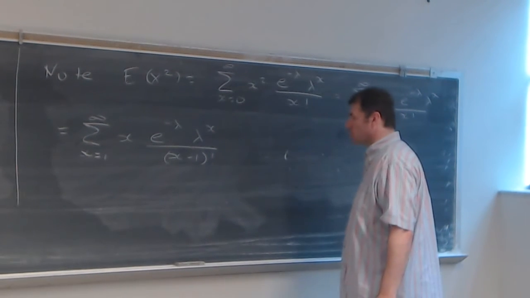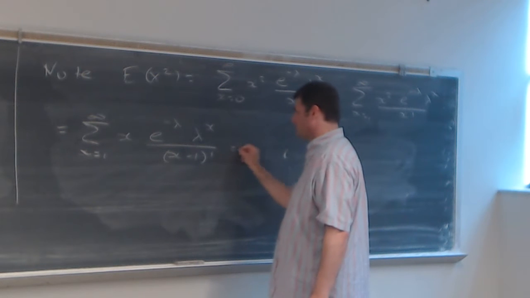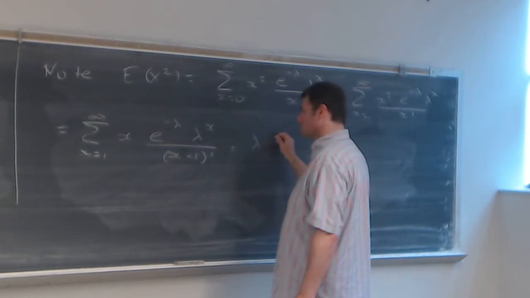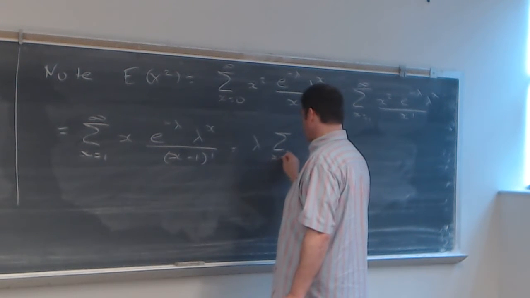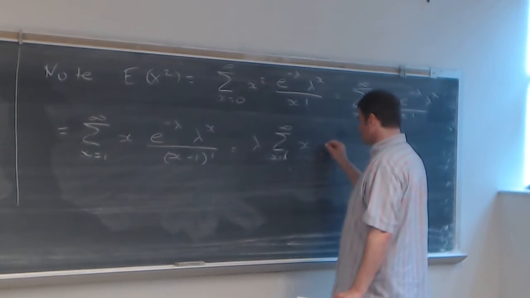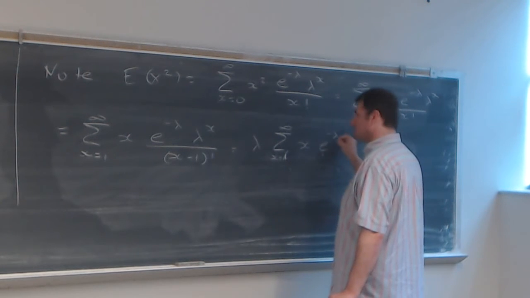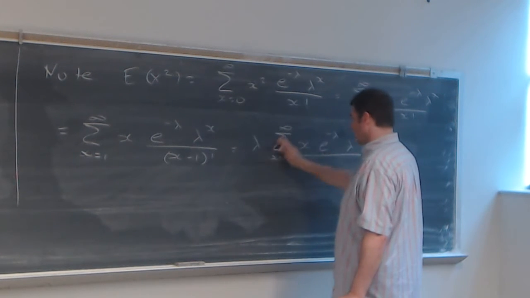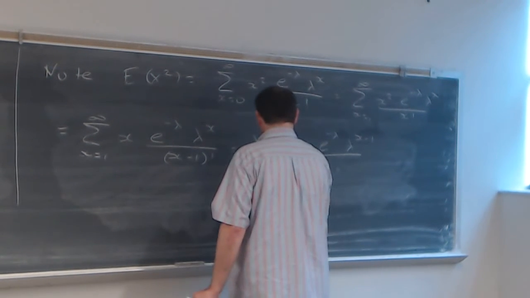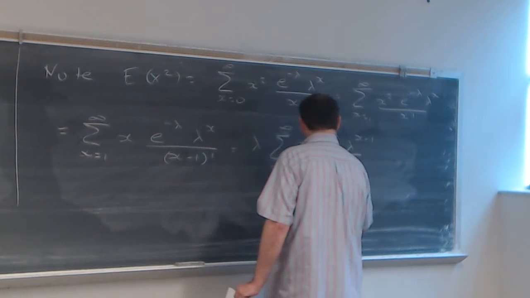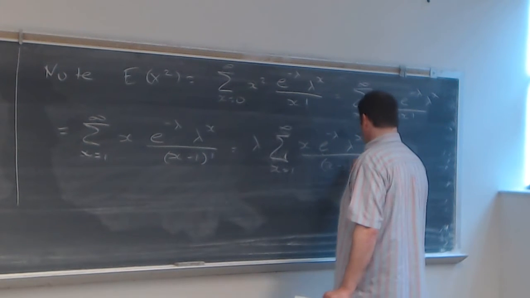Now, what I'm going to do is pull out a lambda. So that's lambda times the sum as x runs from 1 to infinity of x times e to the minus lambda, lambda to the x minus 1, all over x minus 1 factorial.